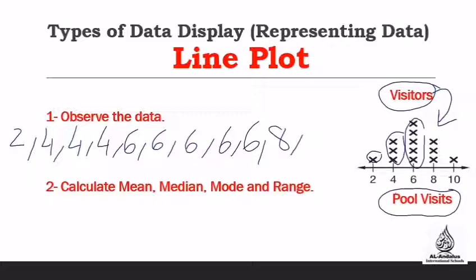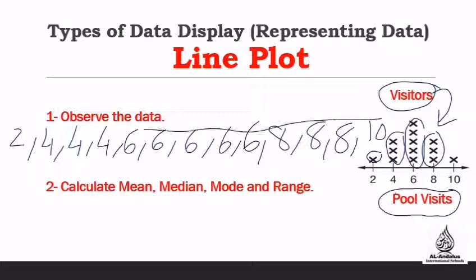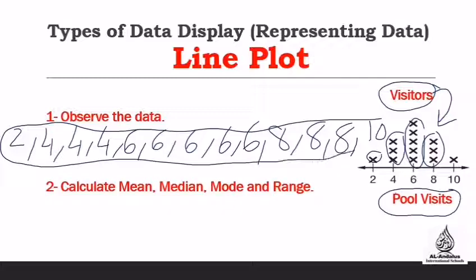So the 8 is repeated 3 times. Here the 10 is repeated only once. Okay, so this is my data set. I observed my data out of the line plot. Through this data set, I can calculate the mean, median, mode, and range.